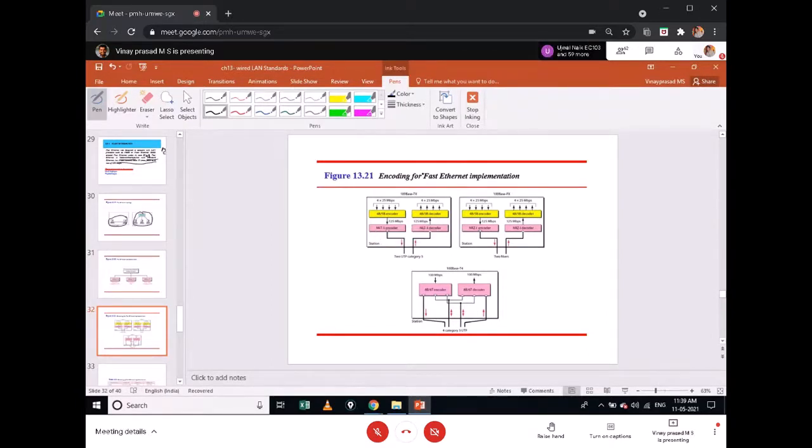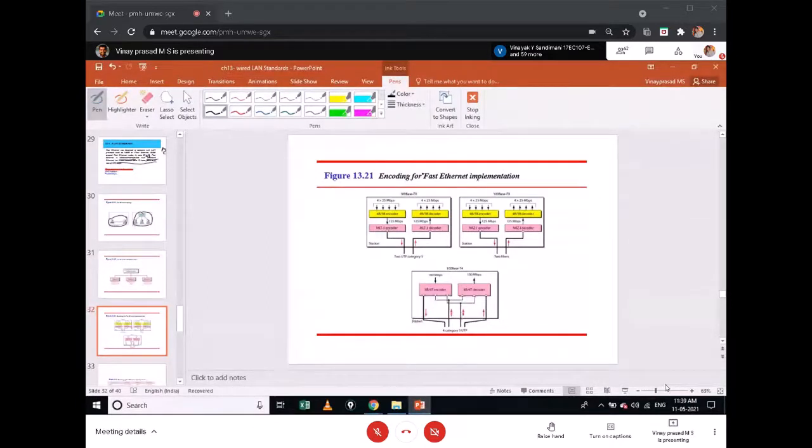So for this reason, Fast Ethernet is designed with an alternative encoding method. For each of these common implementation types, we will be using different encoding and decoding methods.